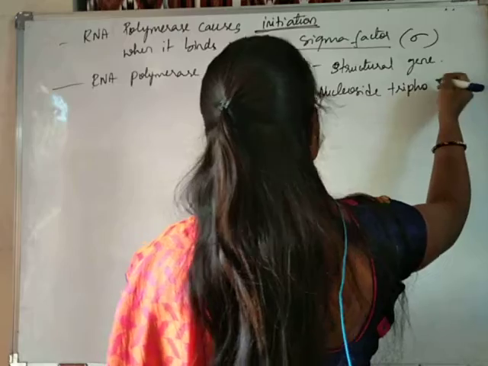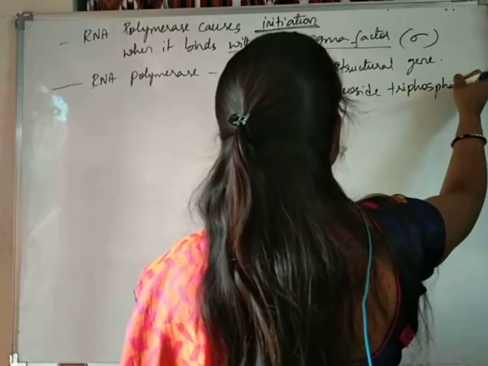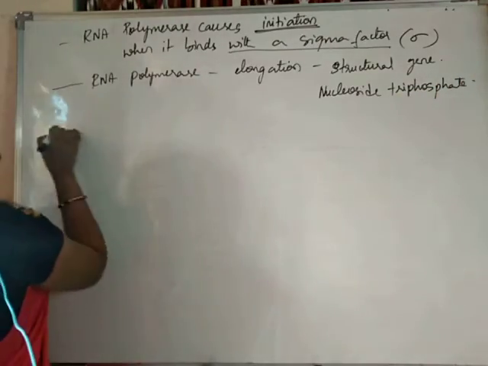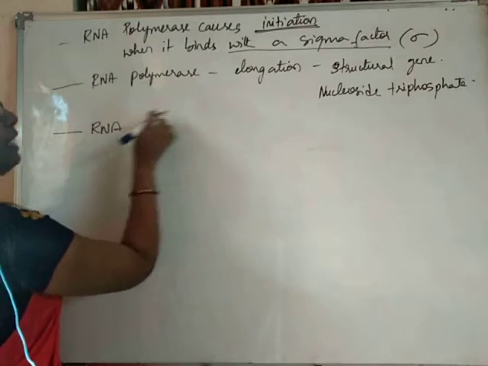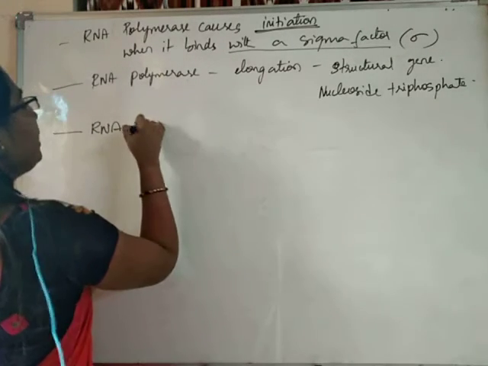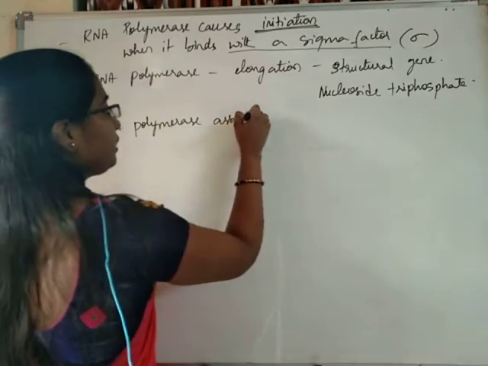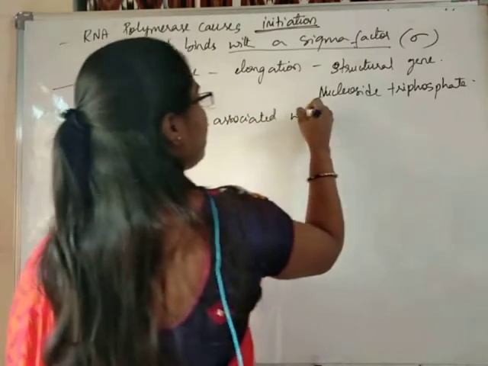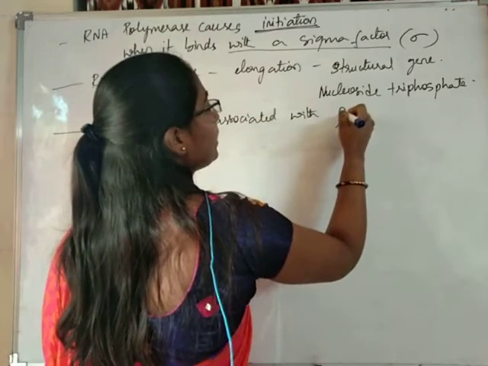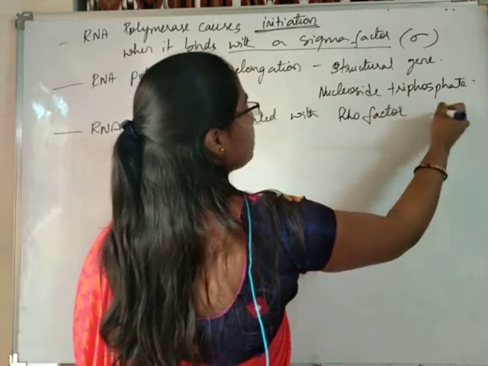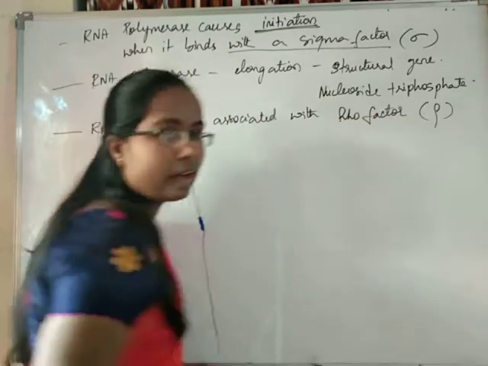By adding nucleoside triphosphates, it is causing elongation. And after complete elongation, RNA polymerase will be associated with the Rho factor.